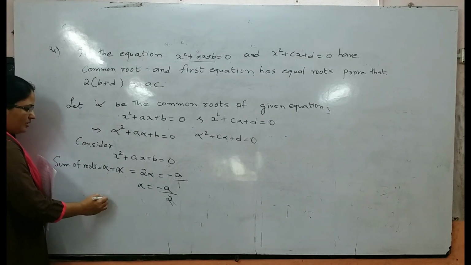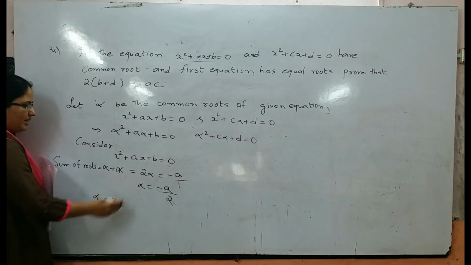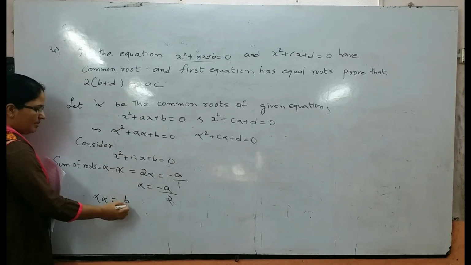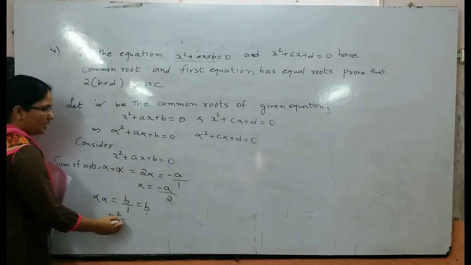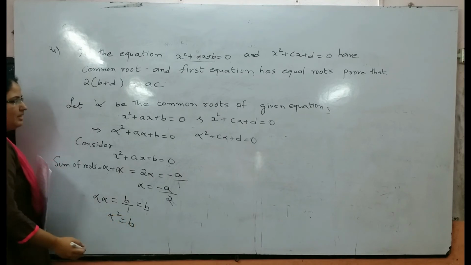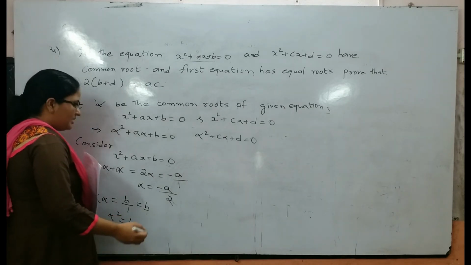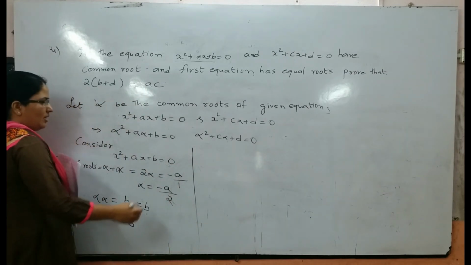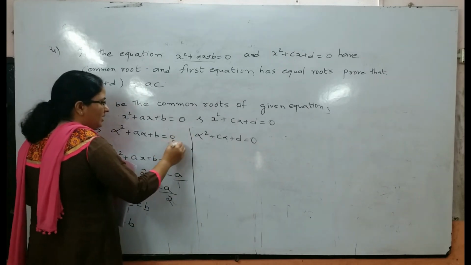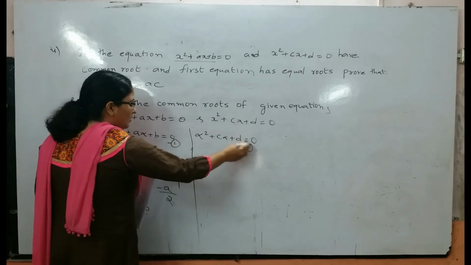Similarly, product of roots, alpha into alpha is c by a, that here c by a value is b by 1, that is equal to b. So alpha square is equal to b. Now what do you get from this? Let us call this as equation 1, let us call this as equation 2.